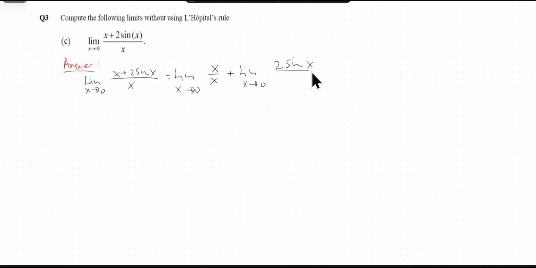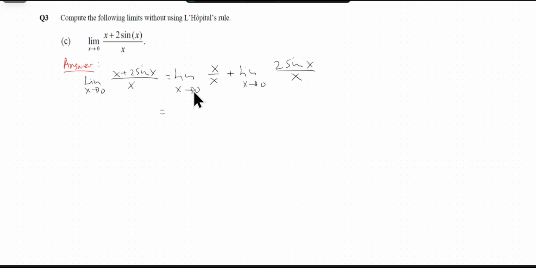We can rewrite it: the limit as x approaches 0 of (x plus 2 sine x) over x is the same as the limit as x approaches 0 of x over x, plus the limit as x approaches 0 of 2 sine x over x.